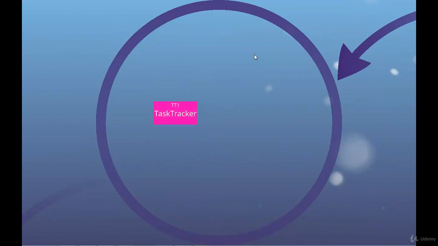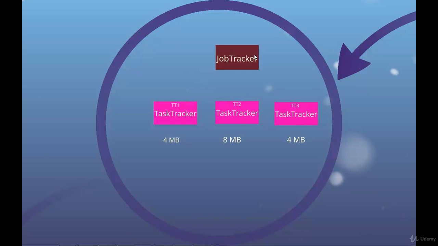Now let's revisit by building the resource management. We have TT1, TT2, TT3 and job tracker. And we have 4 jobs, J1, J2, J3, J4. TT1 is 4 MB, TT2 is 8 MB and TT3 is 4 MB, right?